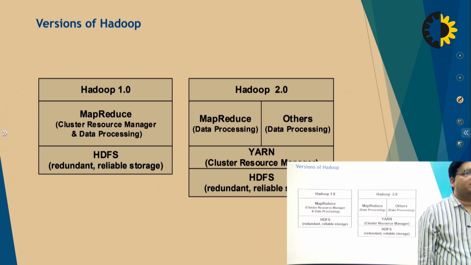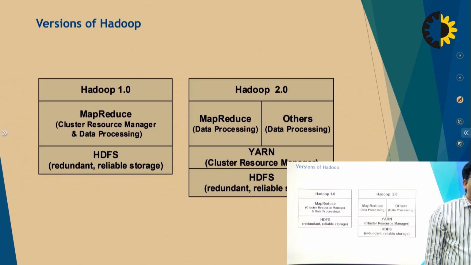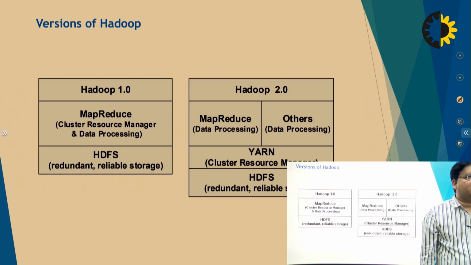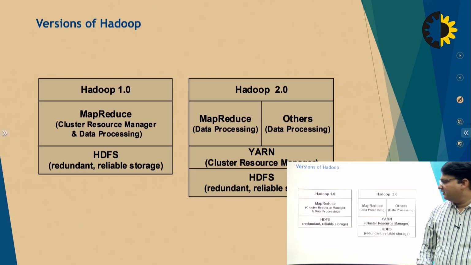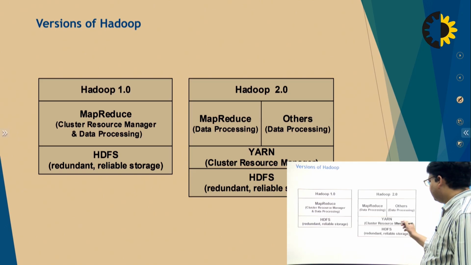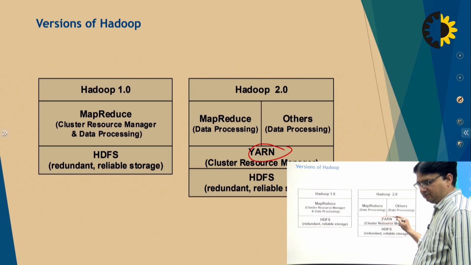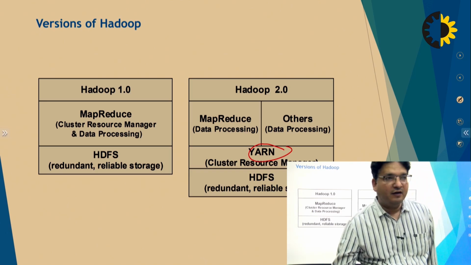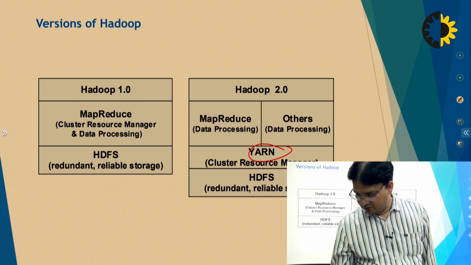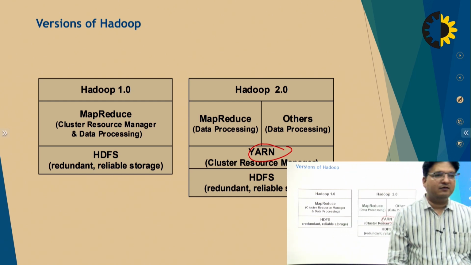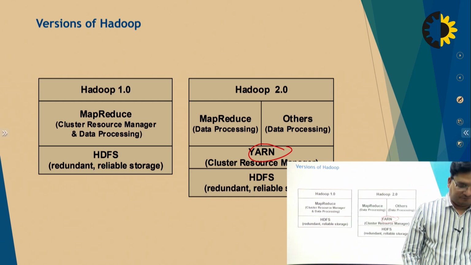The duty of cluster resource manager has been given to YARN in Hadoop version 2. And in Hadoop version 1, HDFS provides the reliable storage, and in version 2 also it provides the reliable storage. So basically the difference is that YARN has been added in the second version. YARN is Yet Another Resource Negotiator.